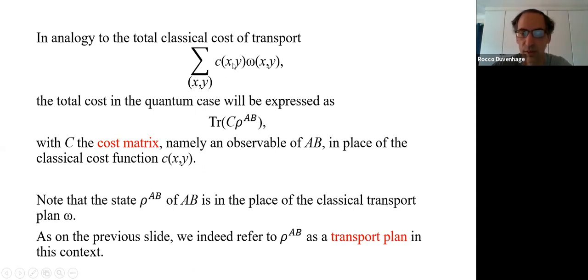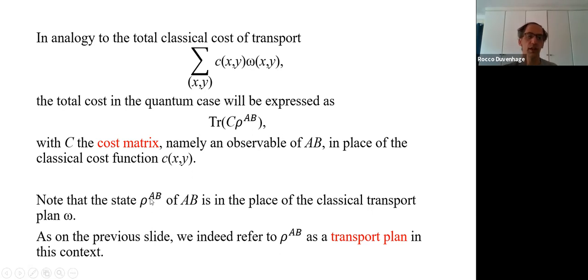Now, instead of a classical observable, you simply have a quantum observable on the composite system, and you sum it up over multiples, the number of times you make use of a specific elementary transition. In other words, you have a transport plan, and that transport plan, recall, is a distribution which is now replaced by a state. So this is an exact quantum version or quantum analog of the classical transport cost.